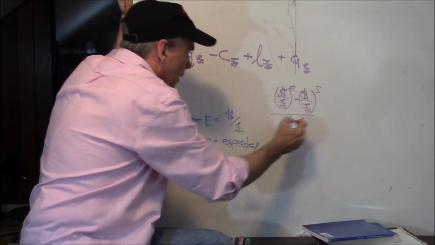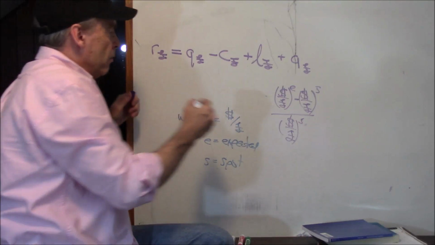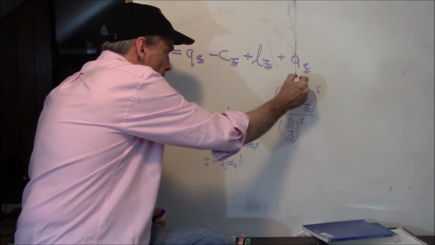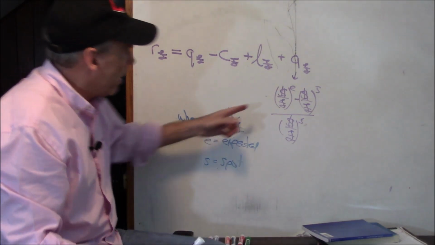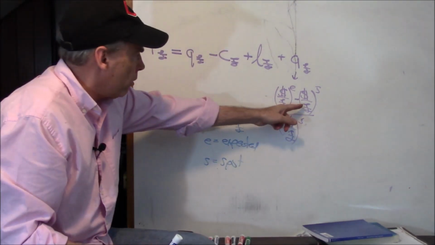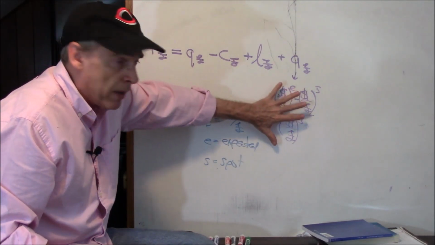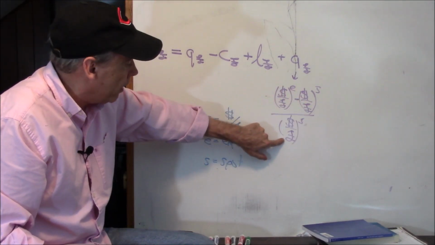So that A right there actually expands into that. The A is really three variables. It's what we expect in the future minus what's true right now, divided by what's true right now, because that way we get a percentage change. We want to divide it by what it is right now.